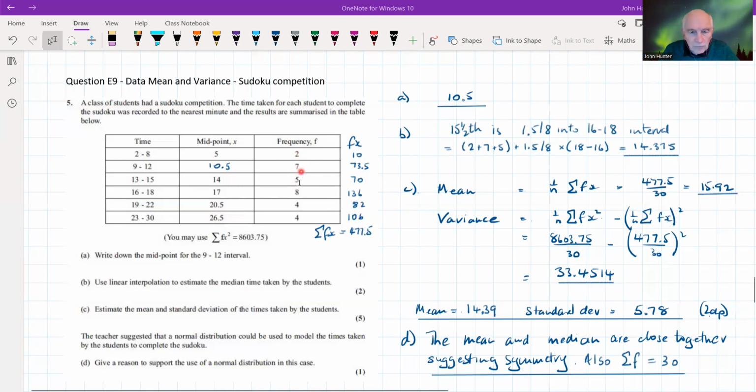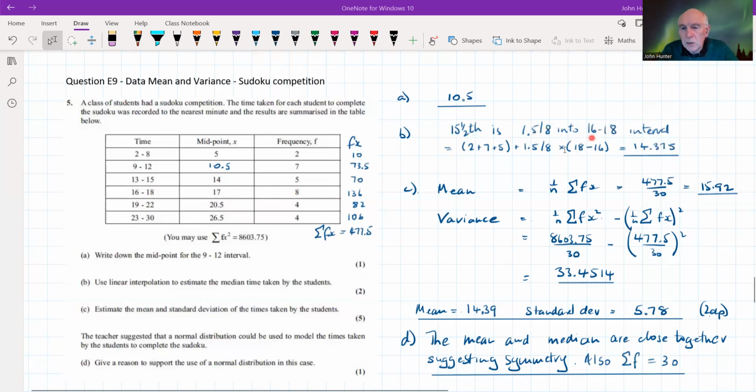Well, 14 of them are taken account of in these first three categories. So we're 1.5 into this 8 is where we're looking for our median. So the 15.5 is 1.5 eighths. If you imagine that these 8 are evenly spread throughout this interval, then we're 1.5 eighths into this 16 to 24 interval.